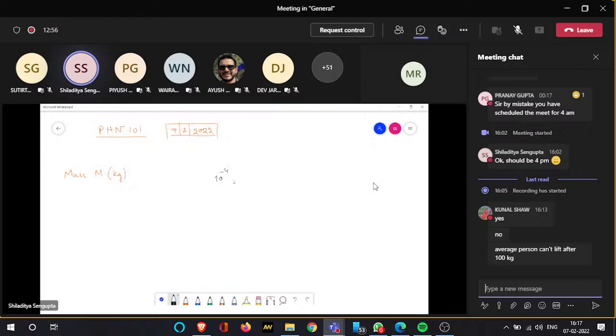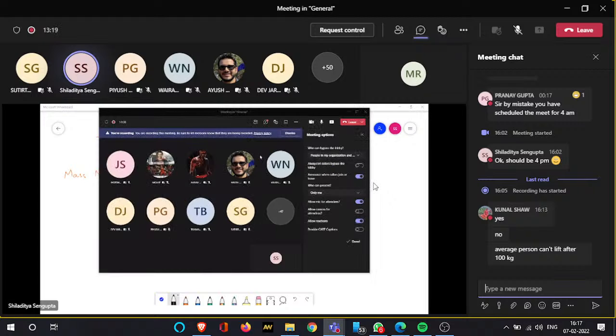Roughly speaking, this is a range that we can call the human scale. When we talk about human, we are talking about the whole population of the world and the extreme record.